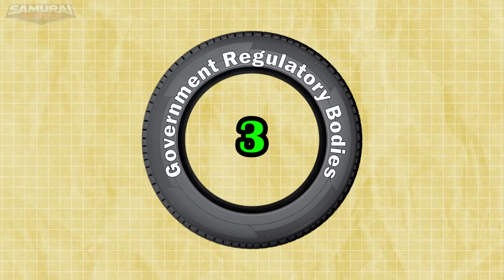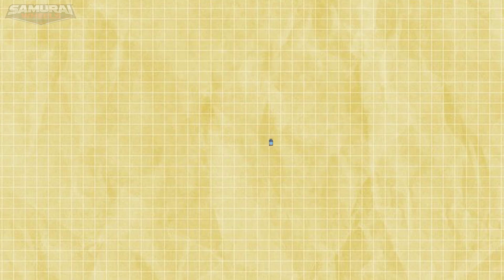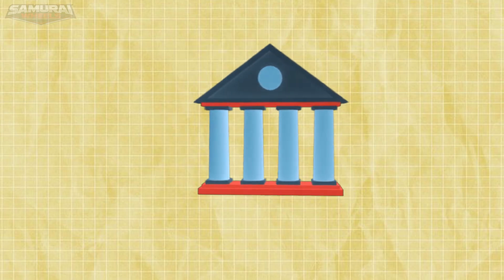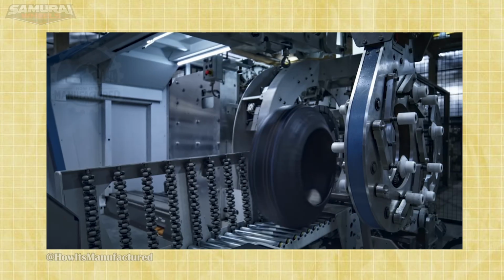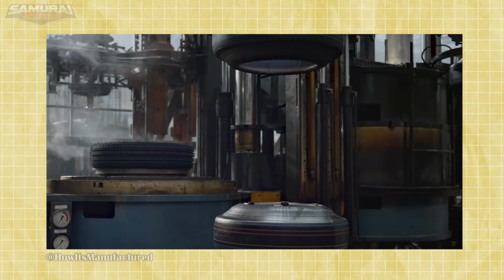Third, government regulatory bodies. Government regulatory bodies are official state-run organizations that enforce tire safety, quality, and labeling laws within their respective countries or regions.